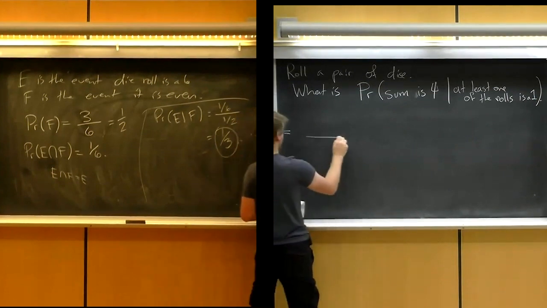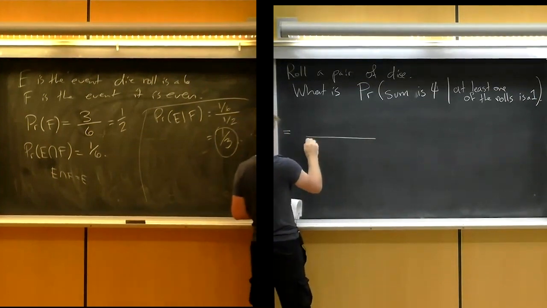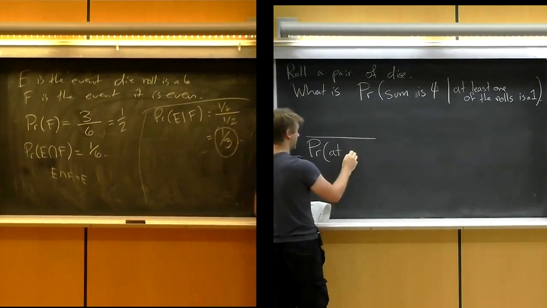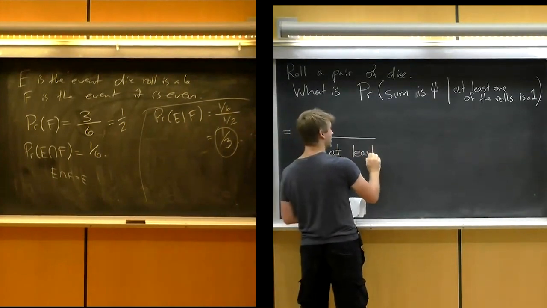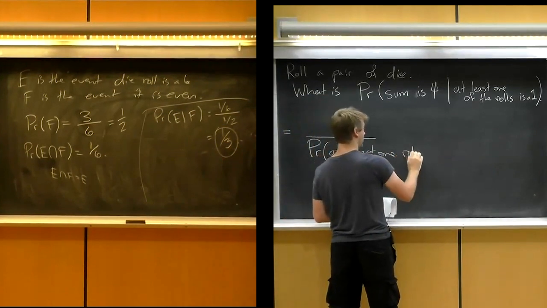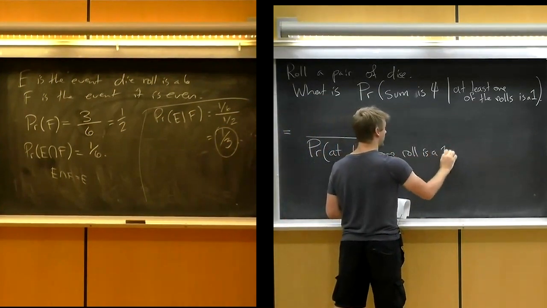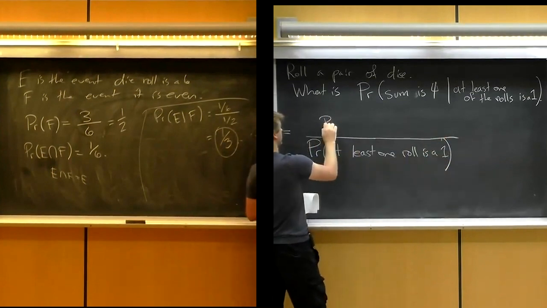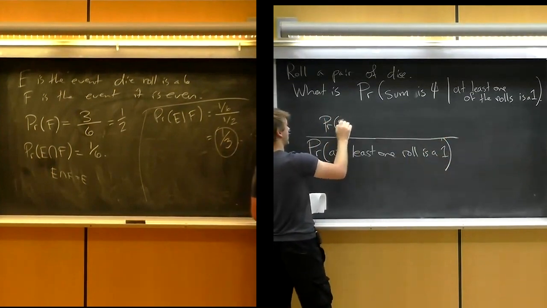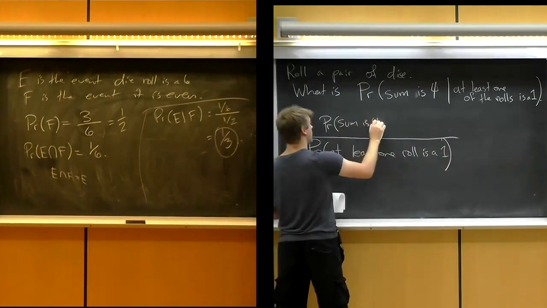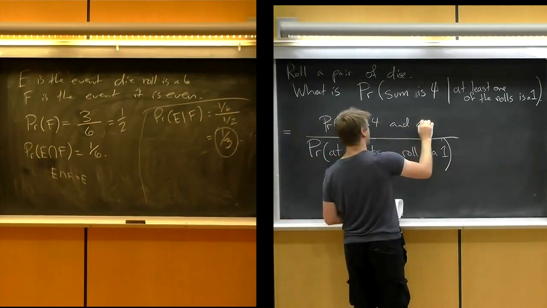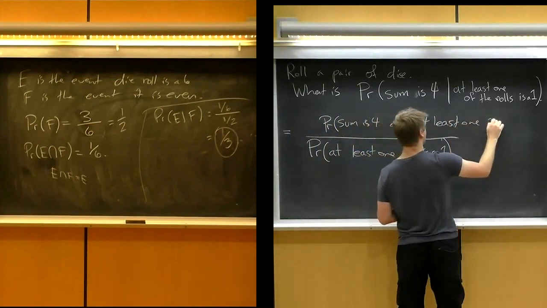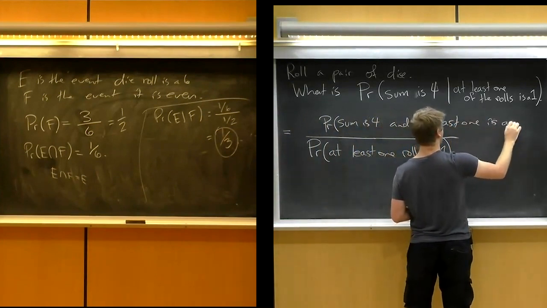So if we use our formula, on the bottom we've got the probability that at least one roll is a 1. On the top, we've got the probability that the sum is 4 and at least one is a 1.